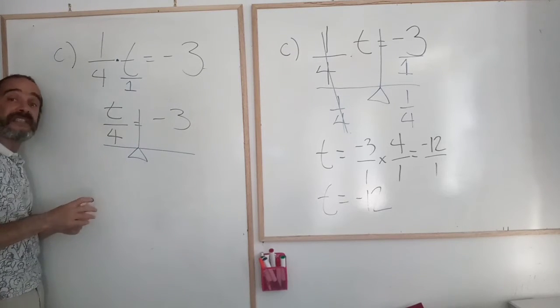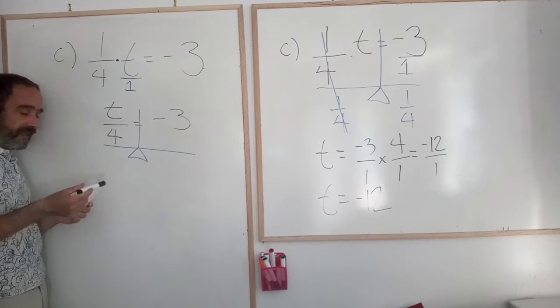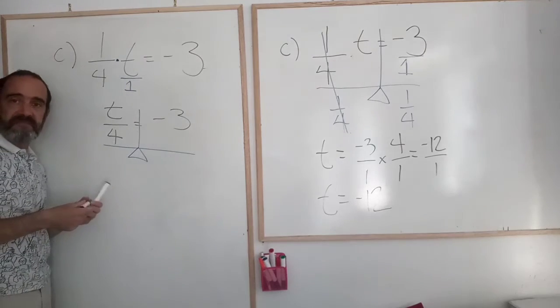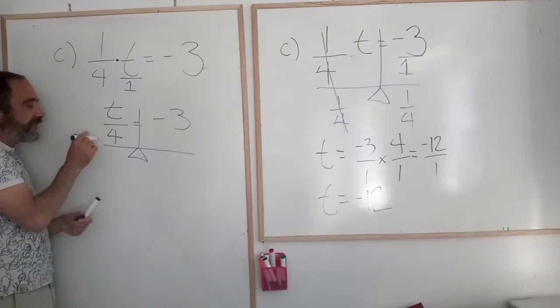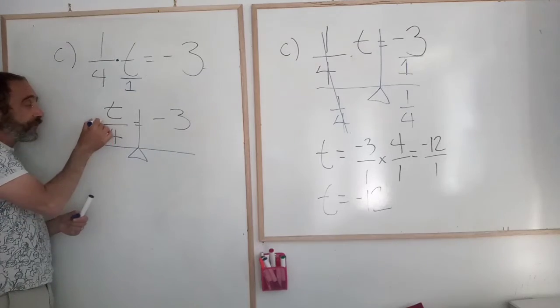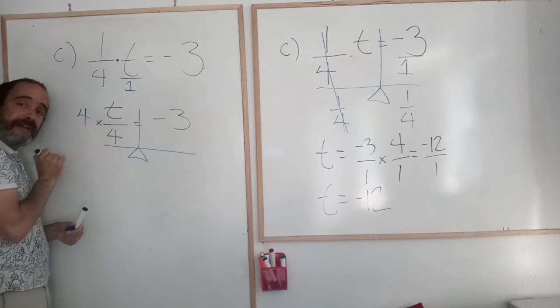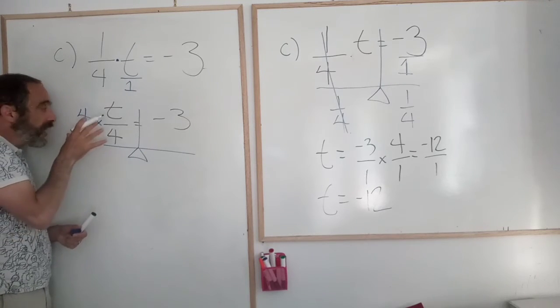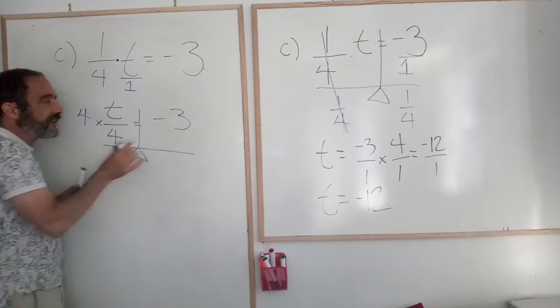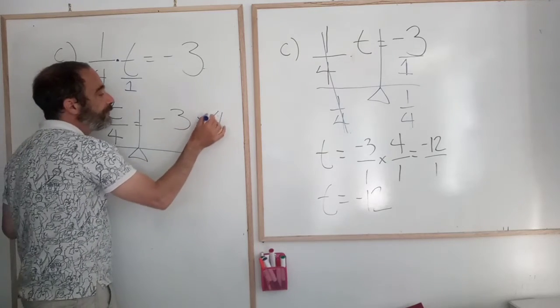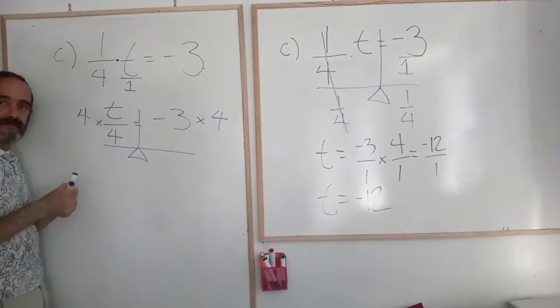So how do I get rid of a divided by 4? Do the inverse of dividing, right? The opposite of dividing, the inverse of dividing is to multiply. So I have to multiply this side by 4 to get rid of that divided by 4. If I multiply this side by 4, I also have to multiply that side by 4 as well.